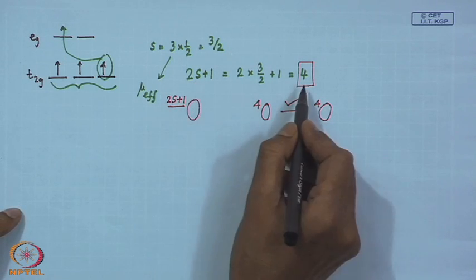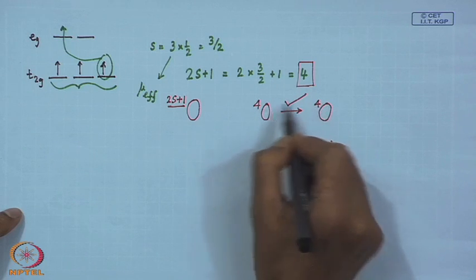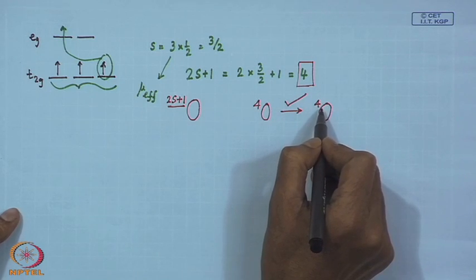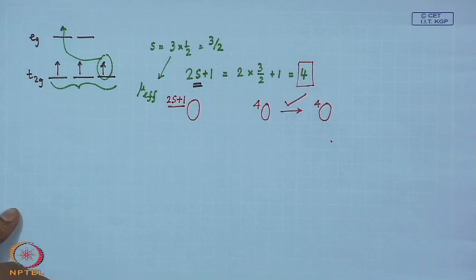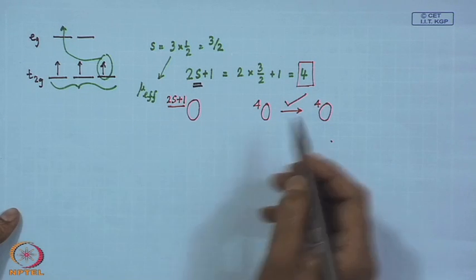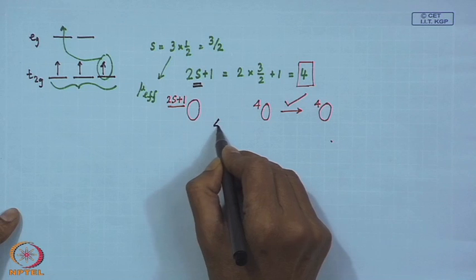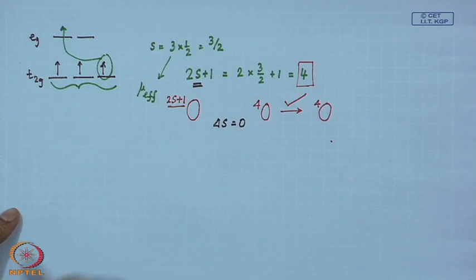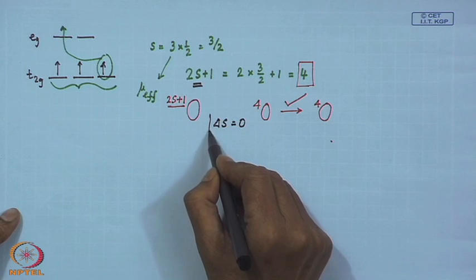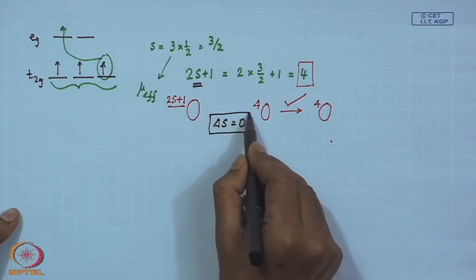Since the spin multiplicity remains 4, the S values do not change from the ground state to the excited state due to the electronic transition. So, our delta S value would be equal to 0. We do not expect any change in the spin values.